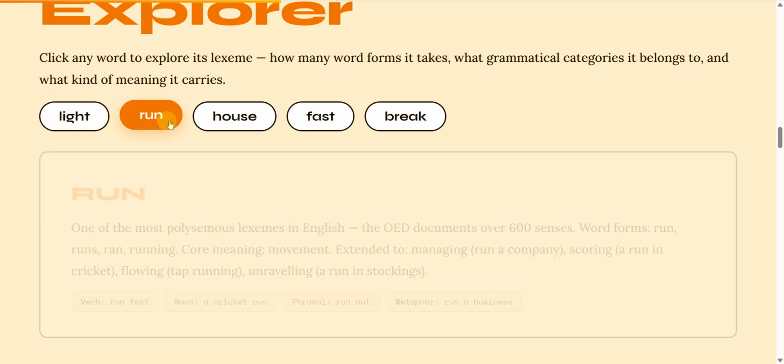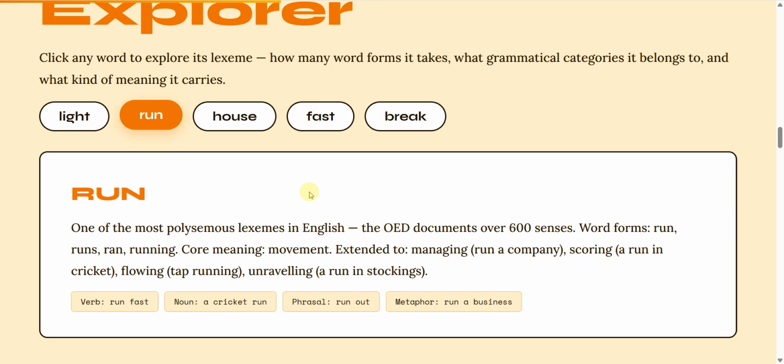So these are all the word forms of the same lexeme, which is light. Let's look at run. As mentioned in the previous video, run has been documented in 600 different senses. Run, runs, ran, running.